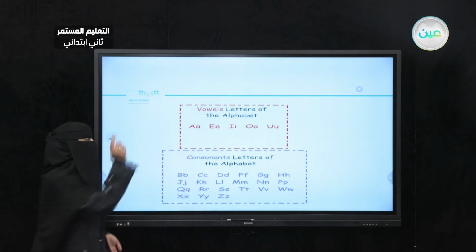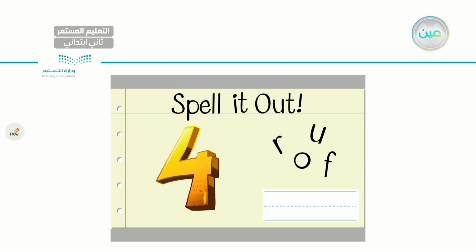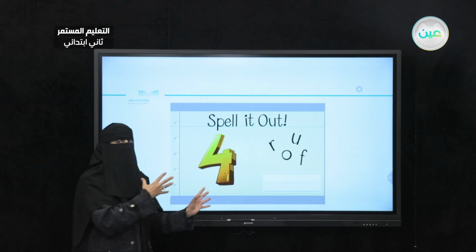Vowels and consonants. Now, as you can see here, spell it out. I have a picture to help you out. And I have 4 letters, right? I have R, U, O, and F. Okay, so it doesn't make any sense. I cannot see a word here, right?